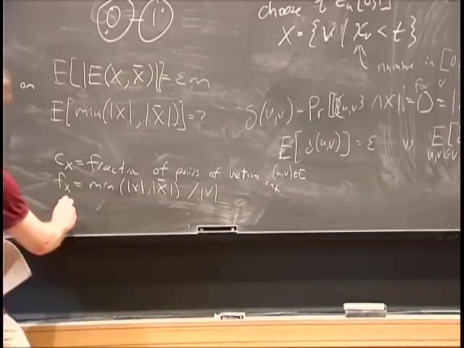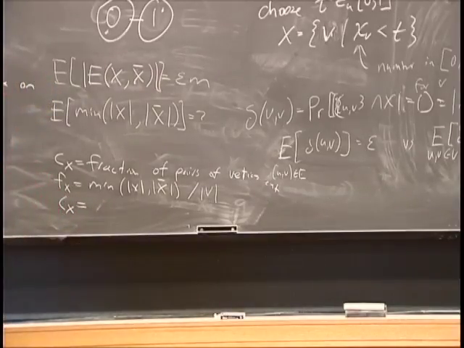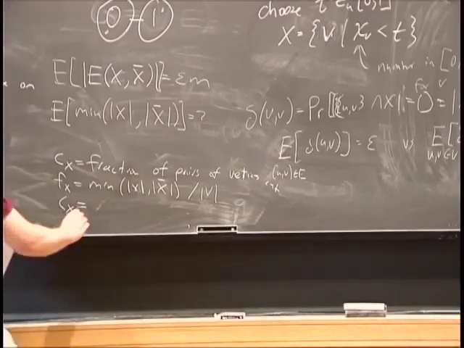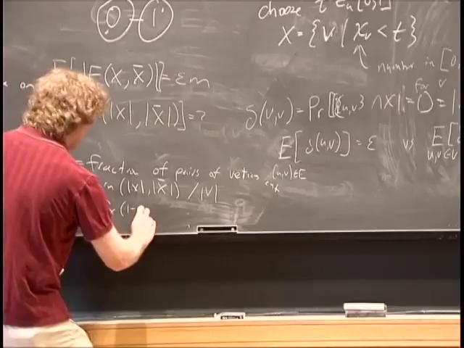Now we have that Cx is exactly 2 times Fx times 1 minus Fx.